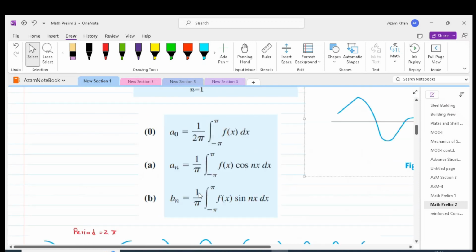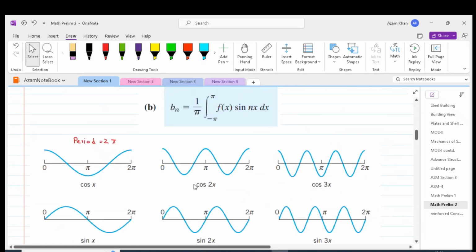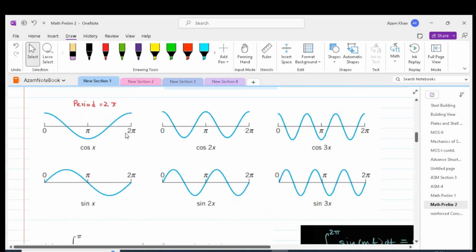For example, if we have an unknown function whose a2 is very high as compared to other weighting factors, that means the contribution of cos 2x is very high, and hence the pi frequency will be the dominant frequency of that function. Please note that all these functions have periods of 2 pi. Thus, their frequency will be equal to 1 by period, which means 1 by 2 pi cycles per second.